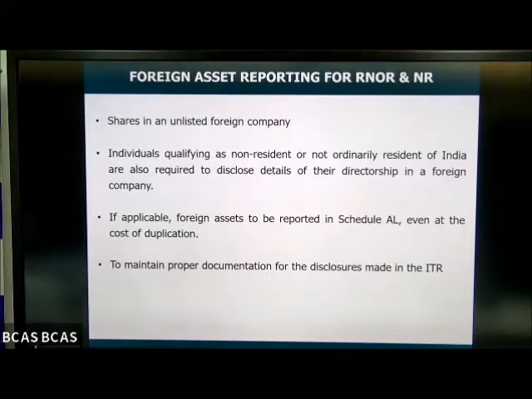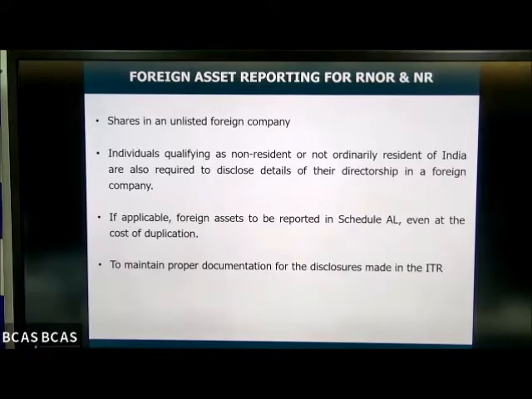Schedule AL, you might be aware, is a schedule where in case of people who have taxable income exceeding 50 lakh rupees, they have to specially and separately report certain assets and liabilities in respect of those assets in a schedule called Schedule AL.